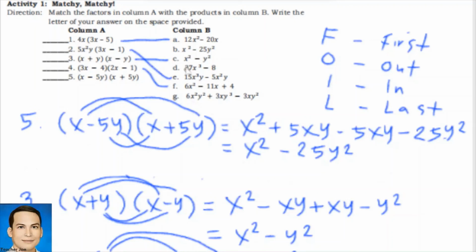And that's in letter B. So meaning number 5 corresponds to letter B, which is x squared minus 25y squared. So we have here two choices that are what we call distractors.